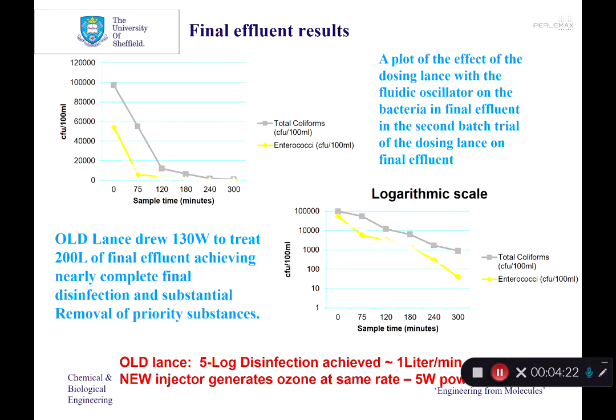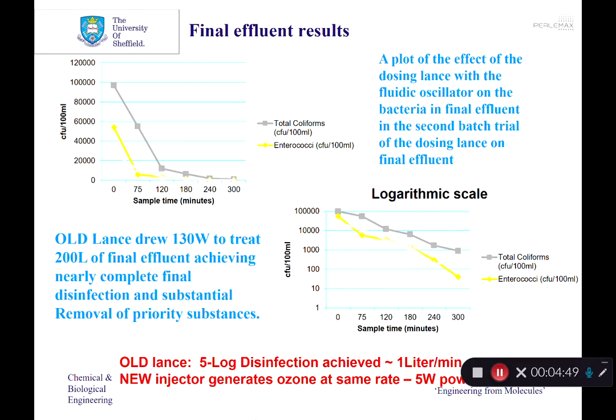So if you look on the top left graph, you can see the significant improvement of removing colony forming units over time. What that top left graph doesn't show is just the logarithmic benefit of 5 log disinfectant achieved, and if you look at the bottom right graph that is a logarithmic scale, you can see that significant improvement there.